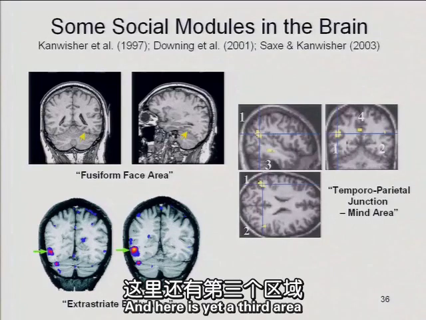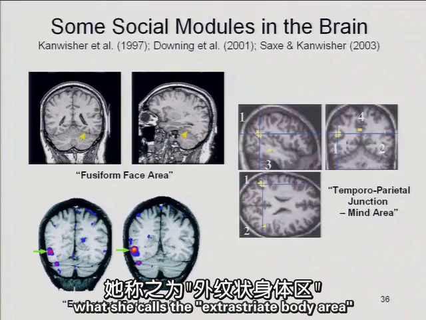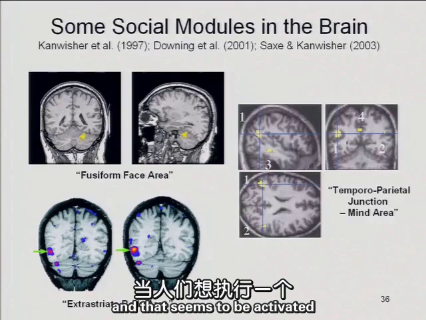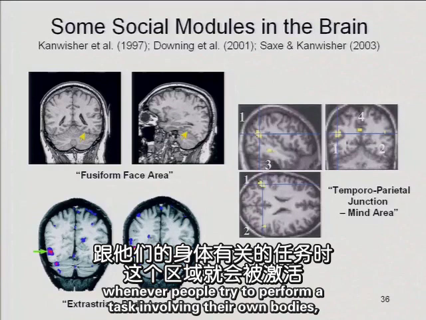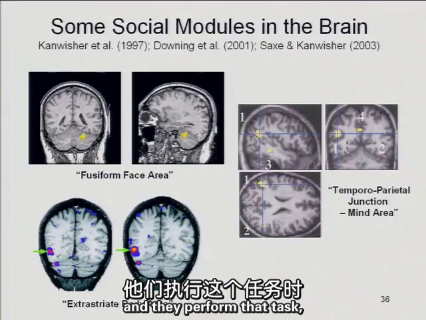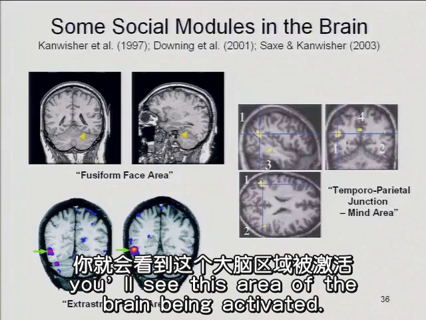And here is yet a third area, what she calls the extrastriate body area, next to the striate cortex that's involved in vision, and that seems to be activated whenever people try to perform a task involving their own bodies. If you ask somebody, where's your right arm right now, and they perform that task, you see this area of the brain being activated.